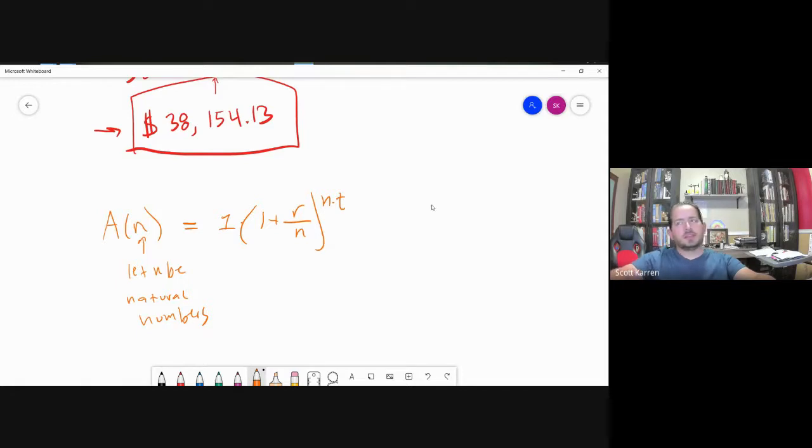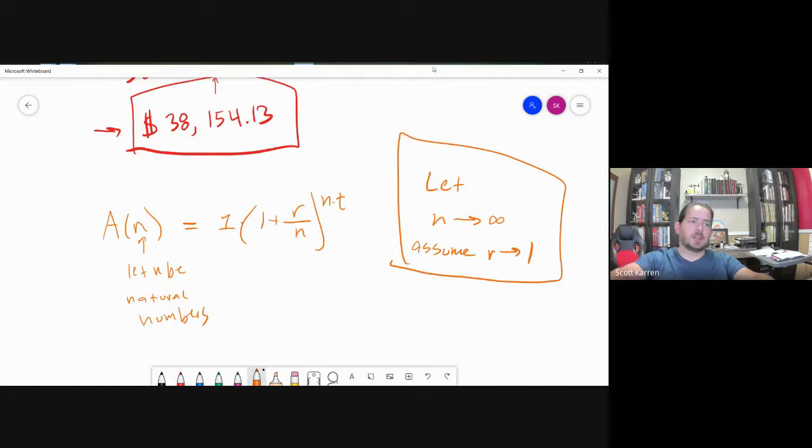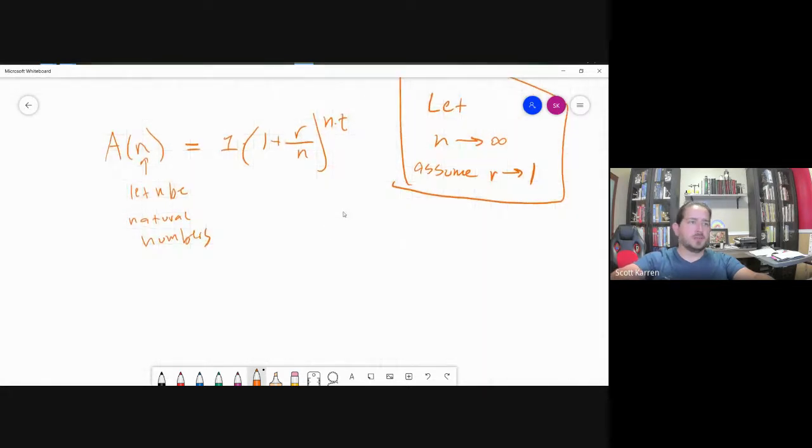And one of the things that happens a lot in calculus is we say, let n run to infinity. What happens if you just let n increase and increase forever and ever? And let's also assume that r is 1.